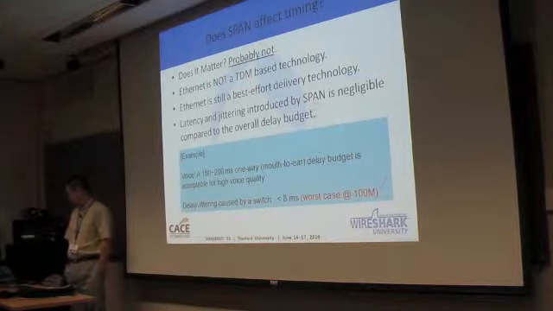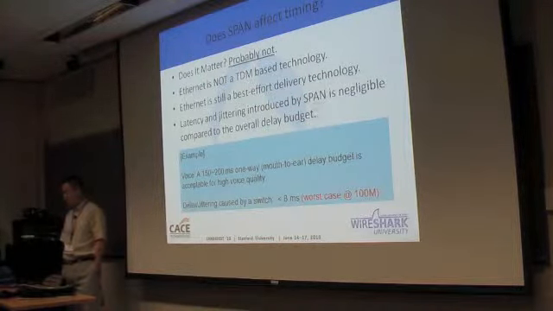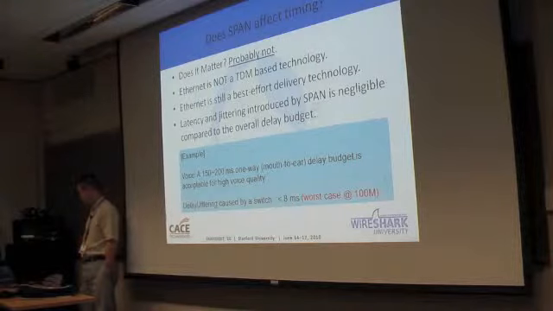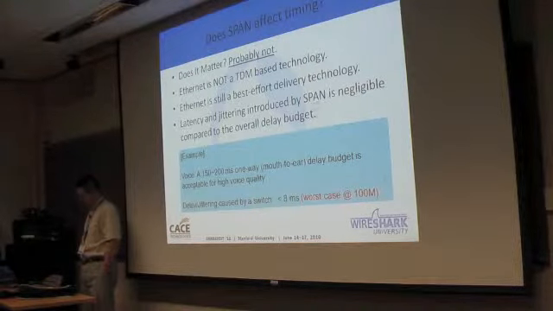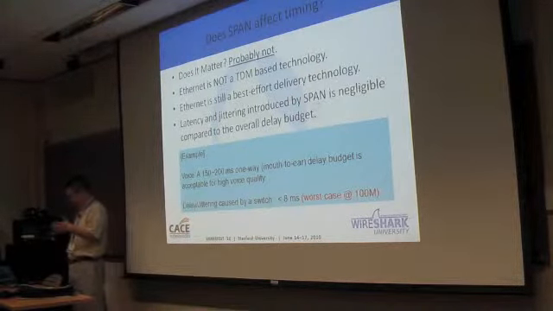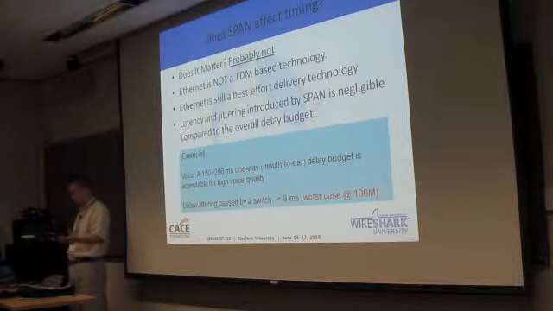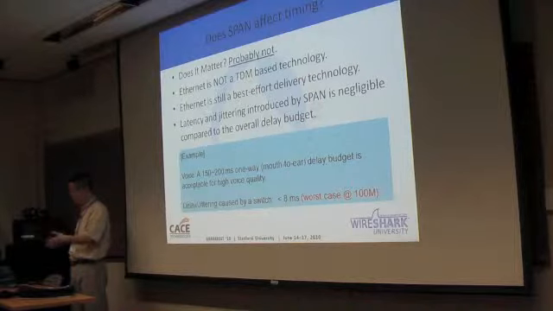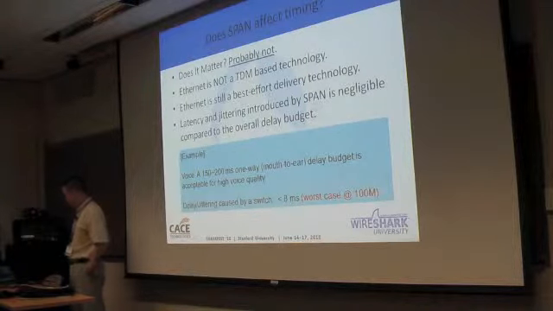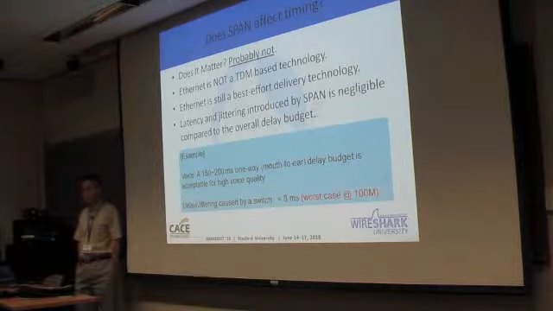Okay, and then we look at the timing. One of the claims is that when TAP and SPAN are compared, they say SPAN will affect the timing, will generate delay. And then my question is, does it matter?